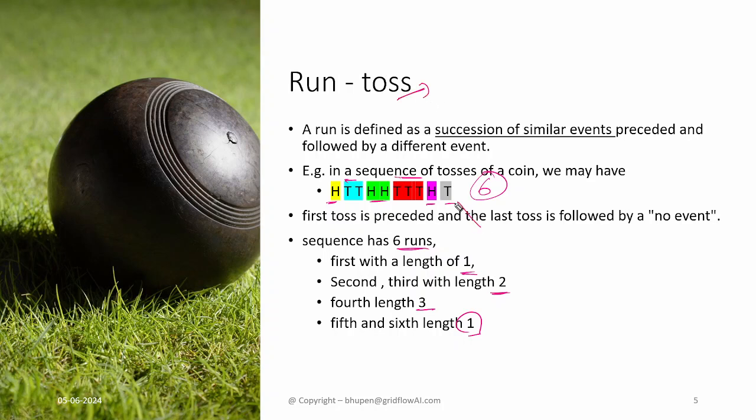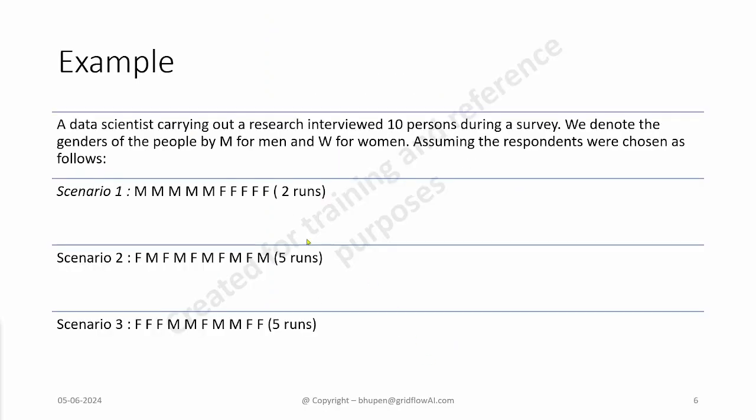We would like to see if the events are actually random, or whether the coin landed randomly. That we can check using Run's test. Let's see another example. A data scientist is carrying out some research and interviewed 10 people, and the genders of those 10 people are men and women.